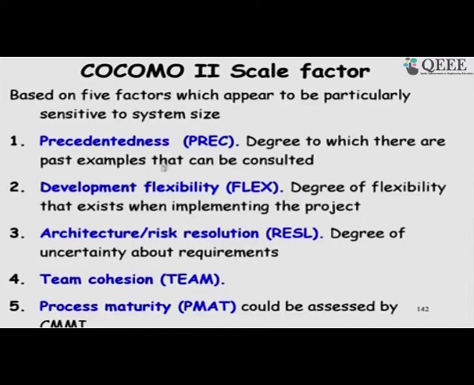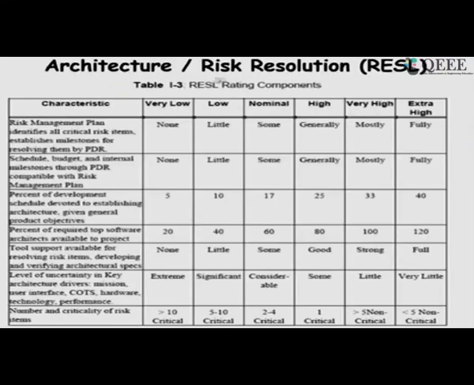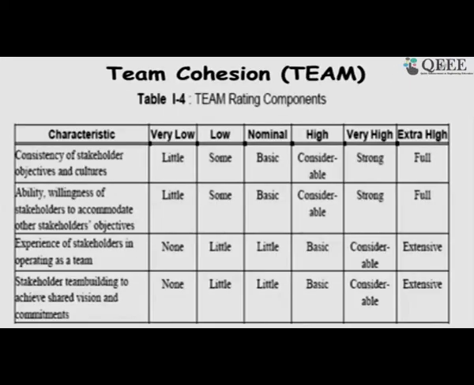So, this is in agreement with past examples. They have used degree of flexibility in implementing the project, uncertainty about the requirements and how the risk resolution is carried out, team cohesion, process maturity in terms of the CMMI. So, based on that we rate the precedentedness, development flexibility, the risk resolution, the team cohesion and so on.